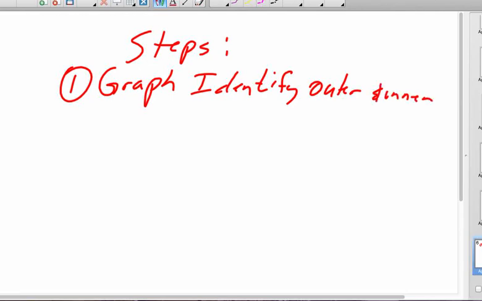Same idea is going to hold true for y if you integrate with respect to y. Then step 2 is going to be find points of intersection.